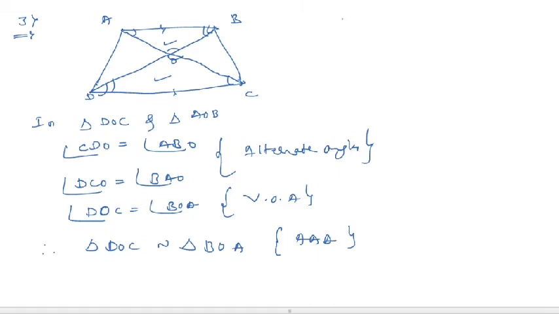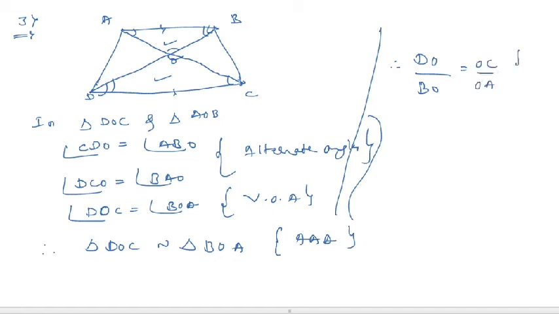From this, they are similar triangles. Therefore, for similar triangles the corresponding sides are in proportion: DO by BO is equal to OC by OA. The reason: corresponding sides are in proportion.